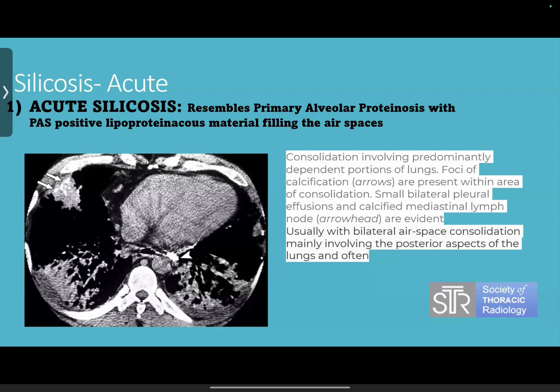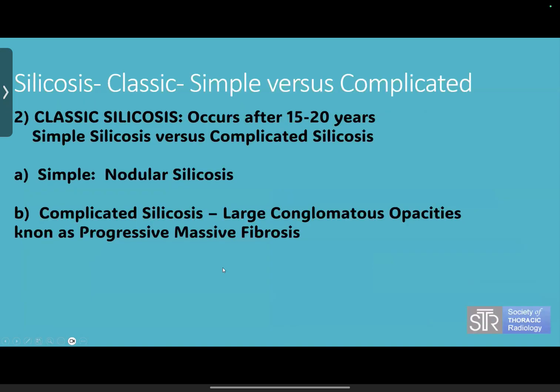There are also foci of calcifications here in the left hilar area, and small bilateral pleural effusions, very minimal.